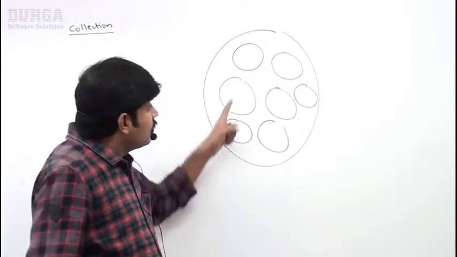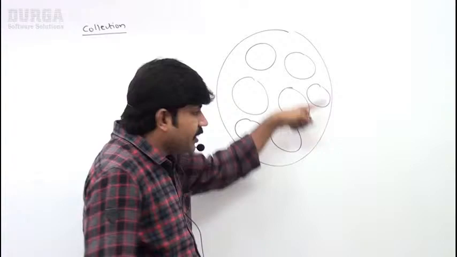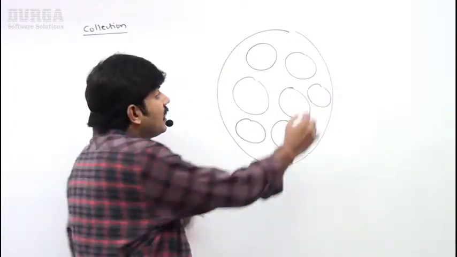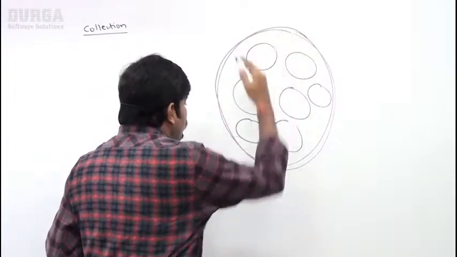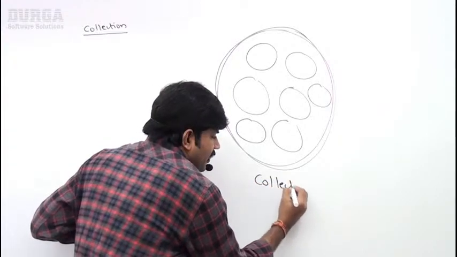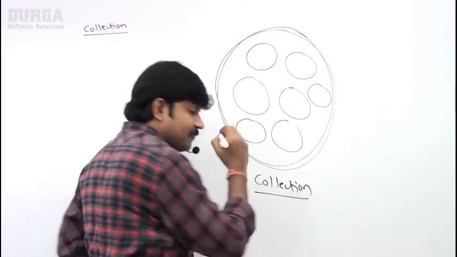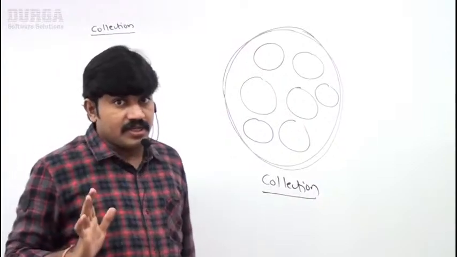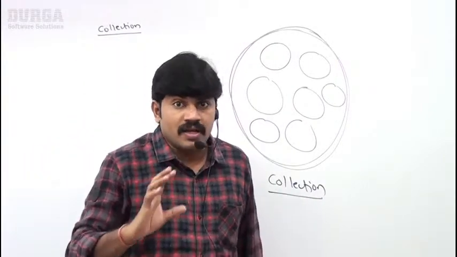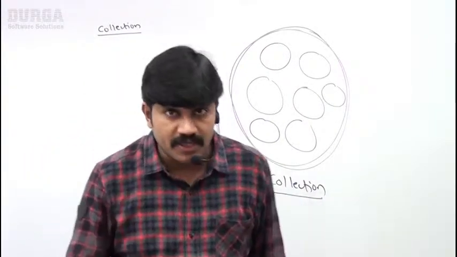This group of objects represented as a single entity, is it a collection or not? Yes, it itself is a collection. I hope it's very clear. When should we go for a collection? If you want to represent a group of objects as a single entity, then we should go for the collection framework.